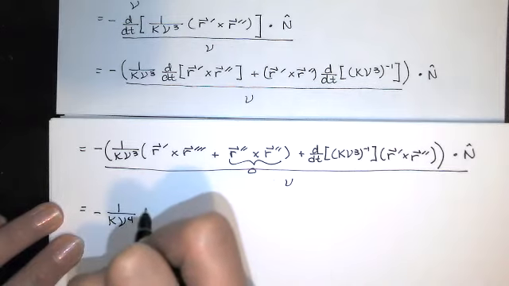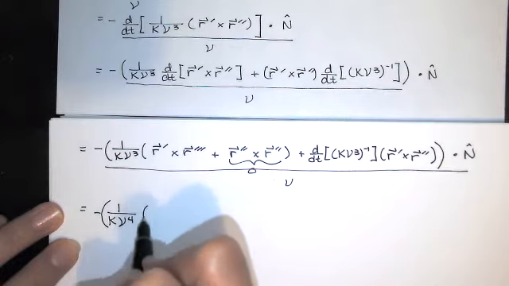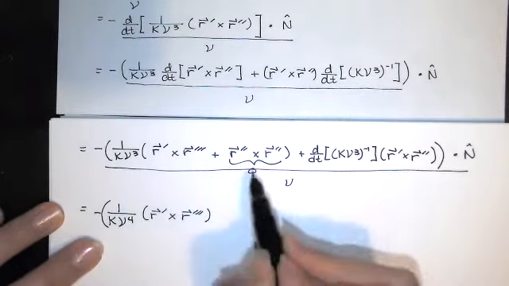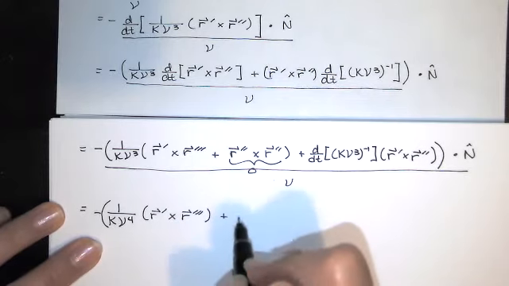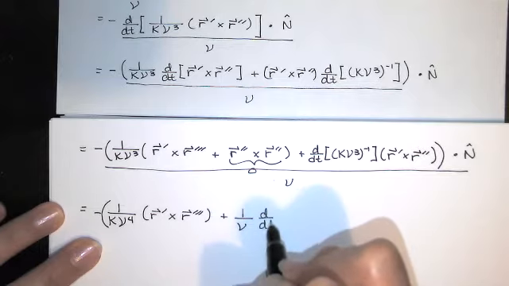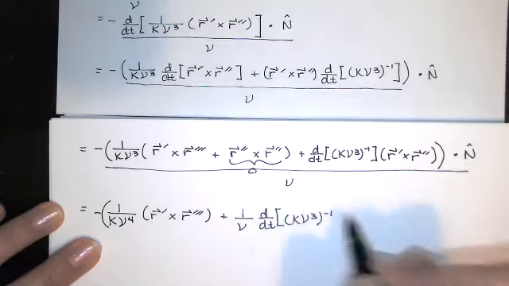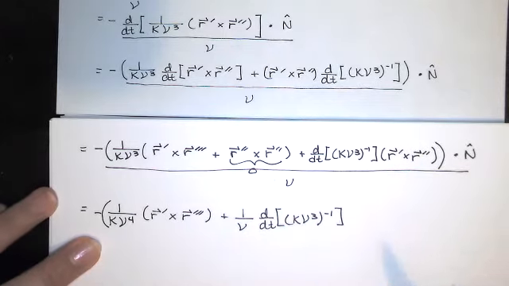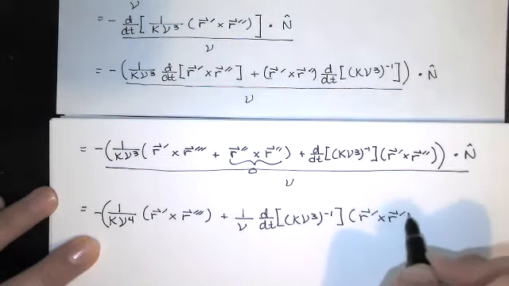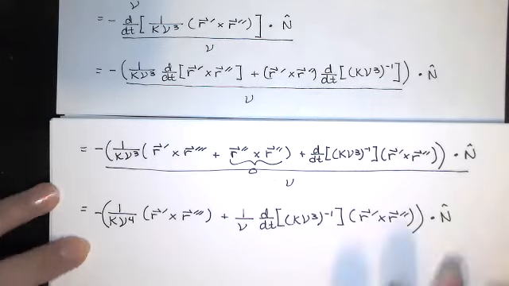And now I've got R prime crossed with R triple prime plus this 1 over nu times this scalar function of t times this cross product. And we're taking all of this and we're dotting it with n hat.